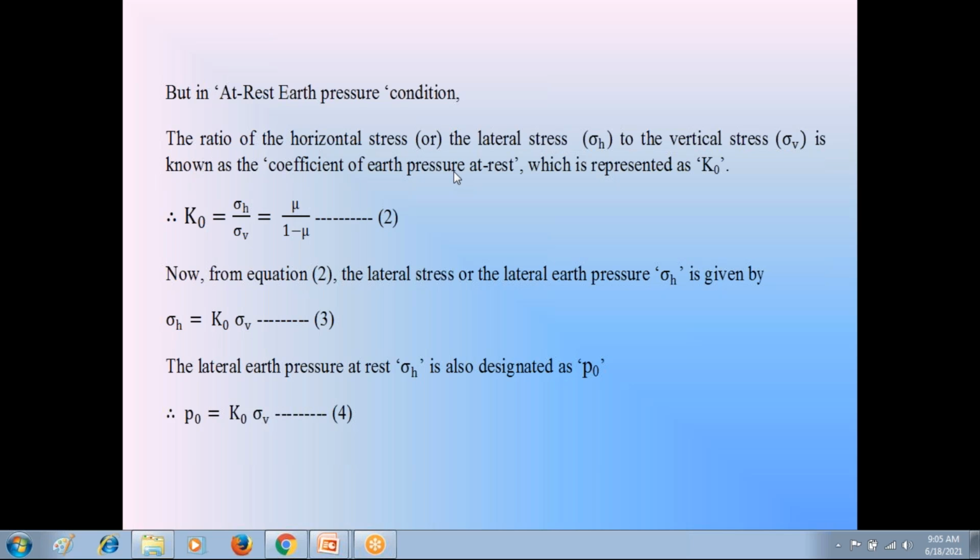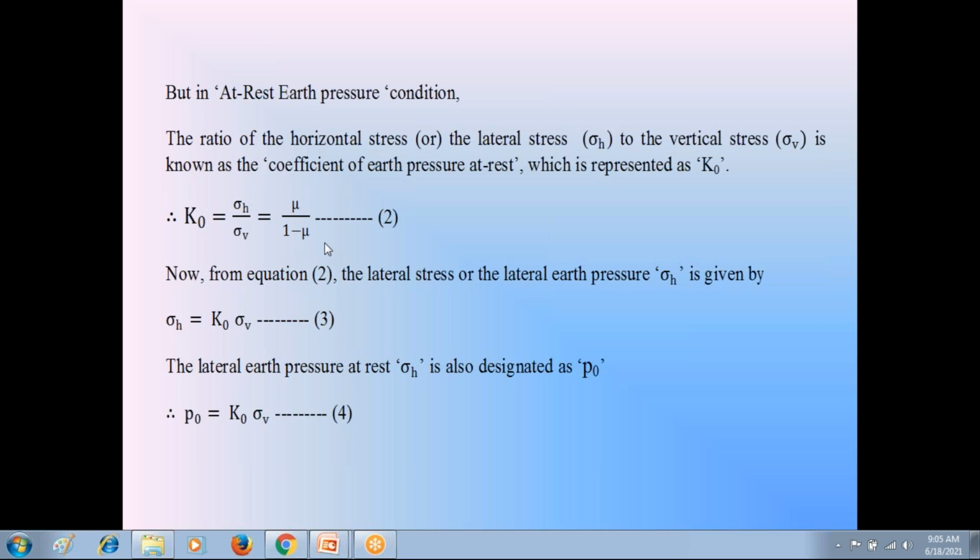At present, we are in the rest condition of backfill. In the rest condition of backfill, the ratio between horizontal stress sigma h to vertical stress sigma v is called the coefficient of at rest earth pressure, indicated as K0. So K0 is equal to sigma h by sigma v, horizontal stress divided by vertical stress.